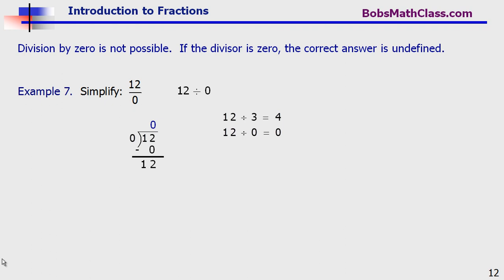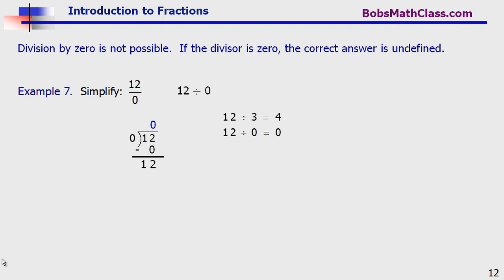Also remember, let's look at this example that I wrote there. 12 divided by 3 is 4. If you multiply the last two numbers, you have to get the number that we started with, right? So 3 times 4 is 12. That means that answer is correct. Look at the second problem, 12 divided by 0. If you put 0, if you multiply those two zeros, do you get the first number?